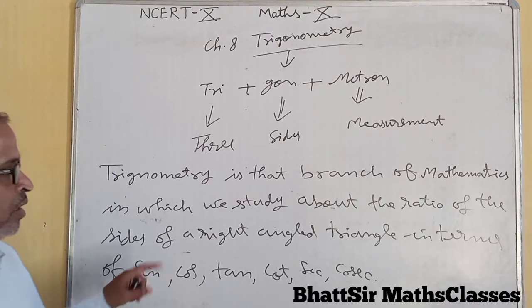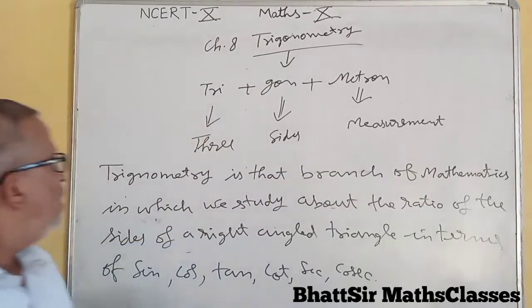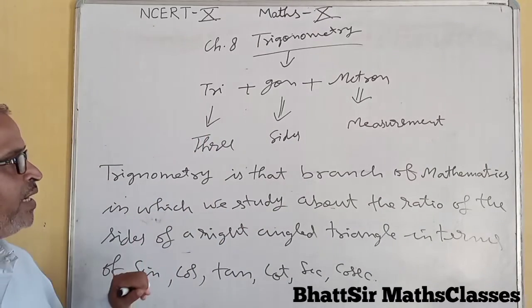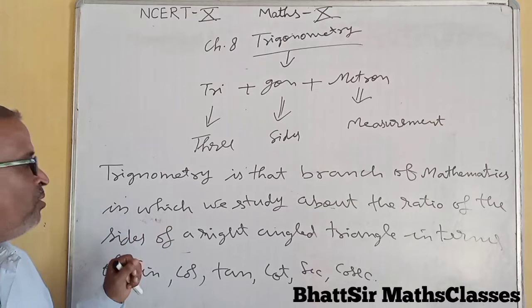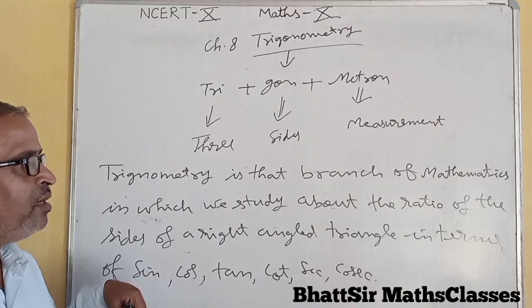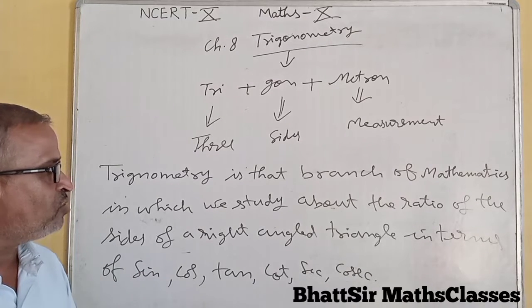So it means it is the definition of trigonometry. It is that branch of mathematics in which we study about the ratio of the sides of a right angle triangle in terms of sine, cos, tan, cot, sec, cosec.